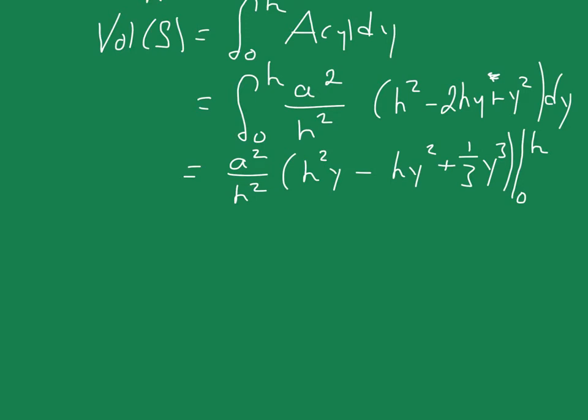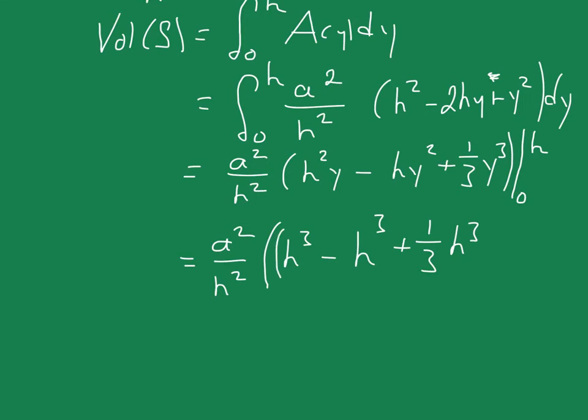Right? This is equal to a squared over h squared. So, letting y equal h first, we have h squared times h, that's h cubed, minus h times h squared, that's also h cubed, plus 1/3 h cubed, all right, minus, what do we get when we let y equal 0?